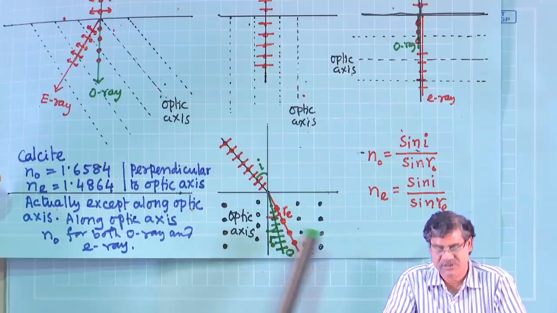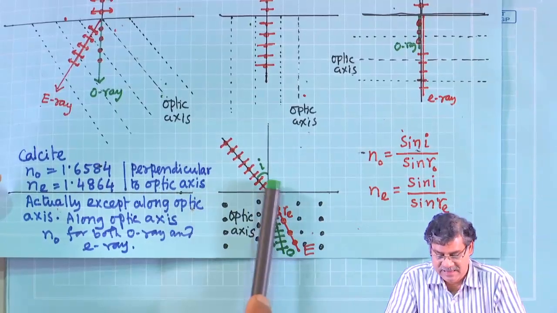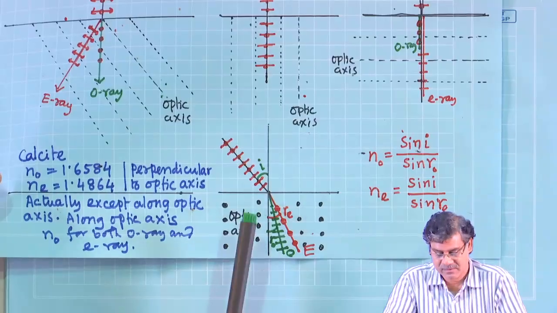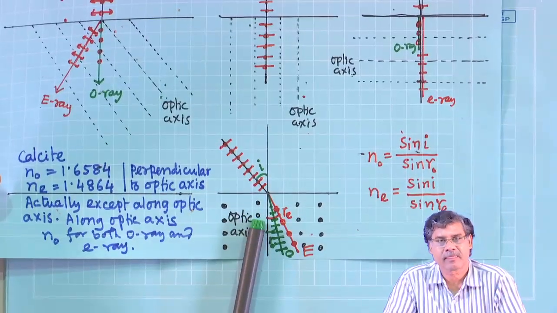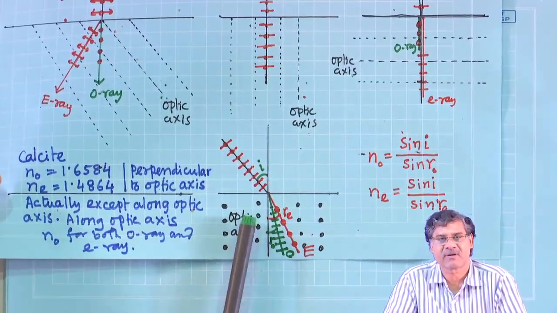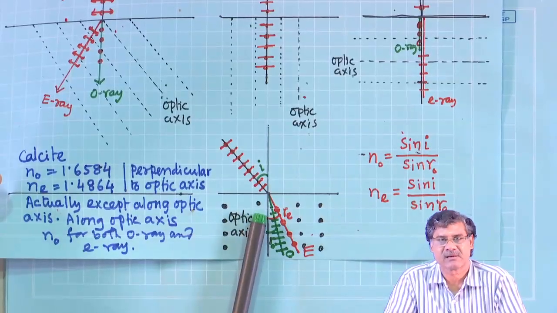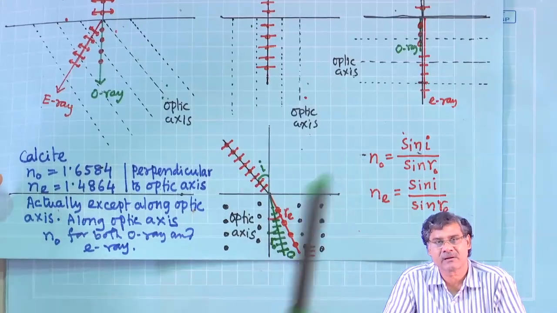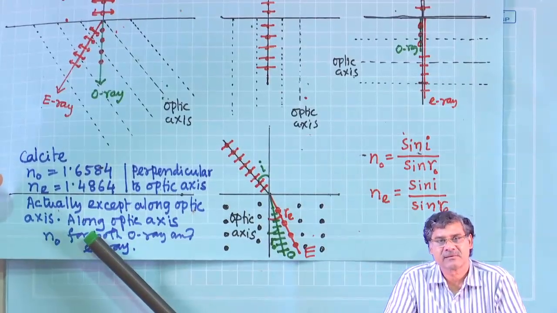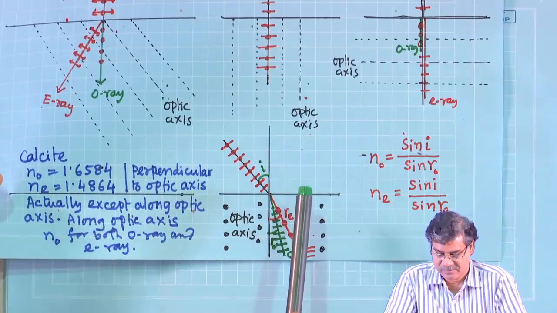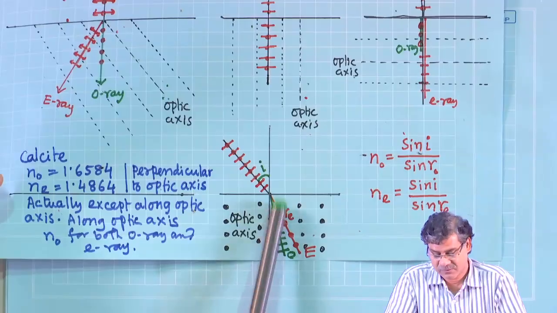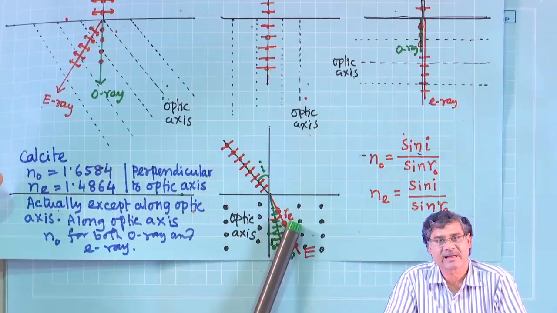And in this situation it is clearly following Snell's law, and utilizing this one can measure the refractive index of the quartz crystal or the calcite crystal in the direction perpendicular to the optics axis.